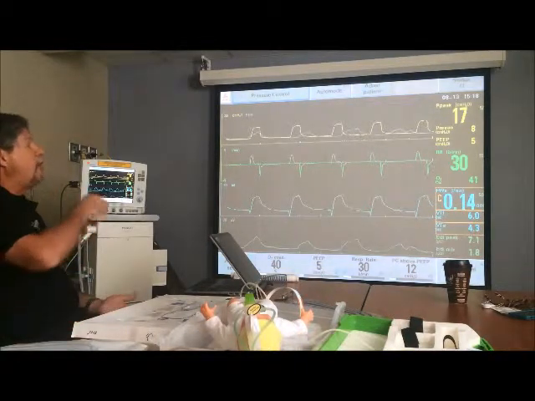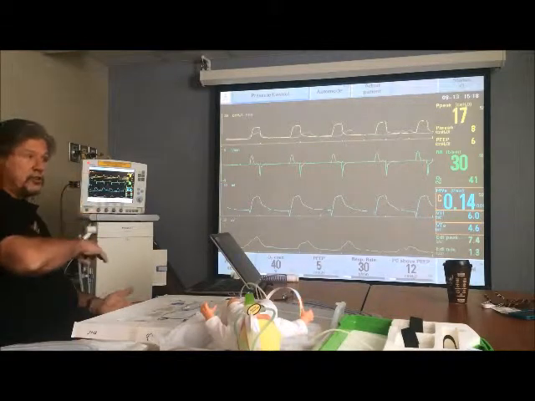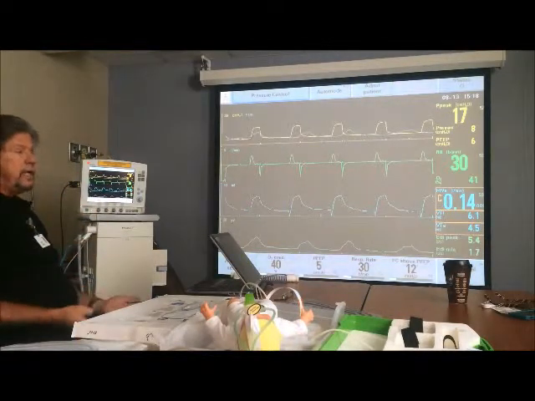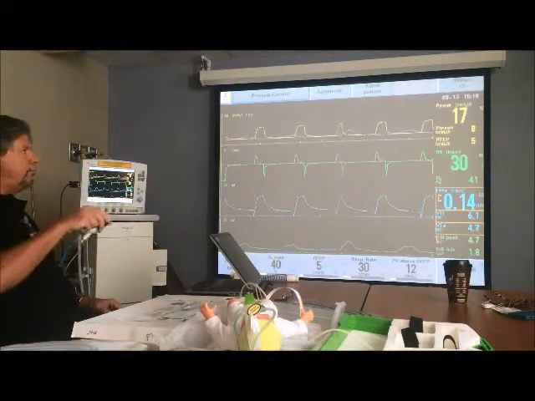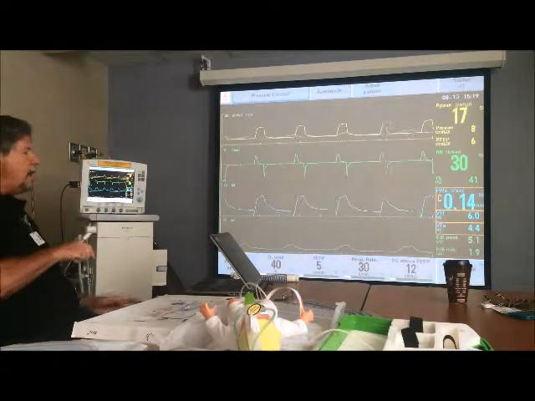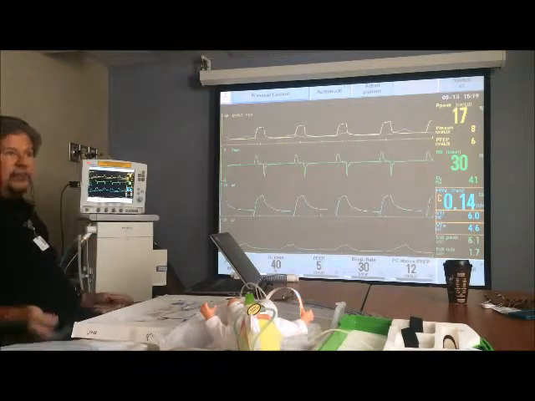So the rationale for going from pressure control to NAVA would be, if I'm reasonably happy with the pressures and the volumes, I want to go to about the same pressure that I'm getting now.